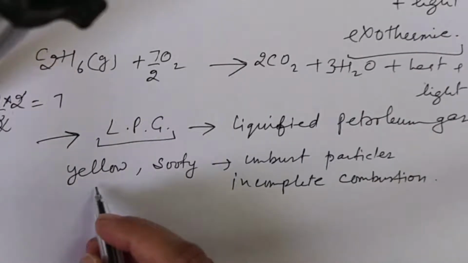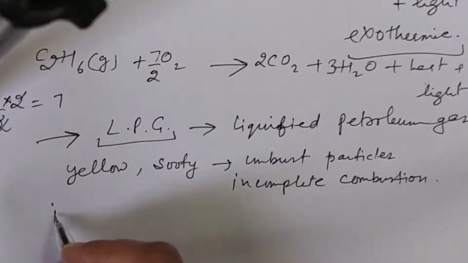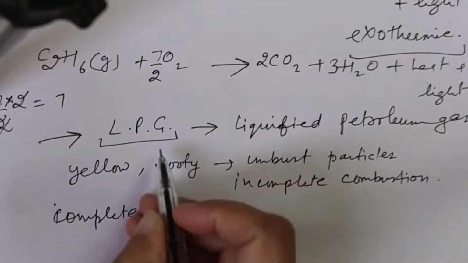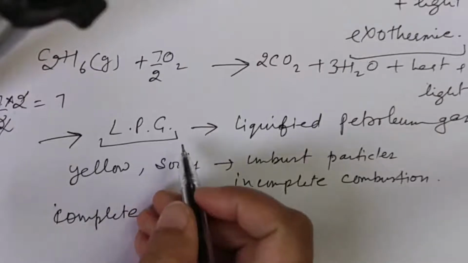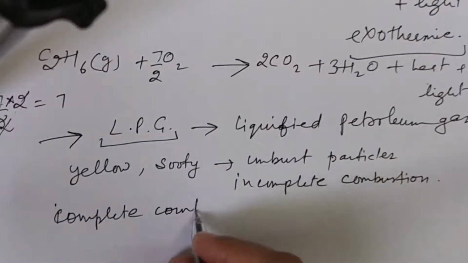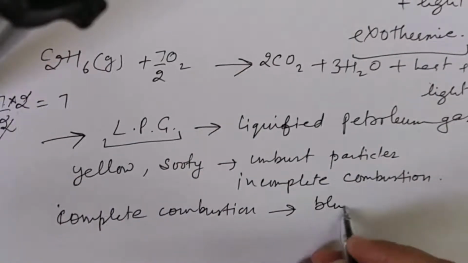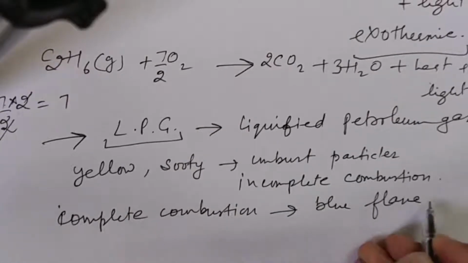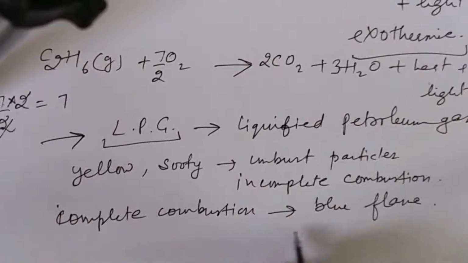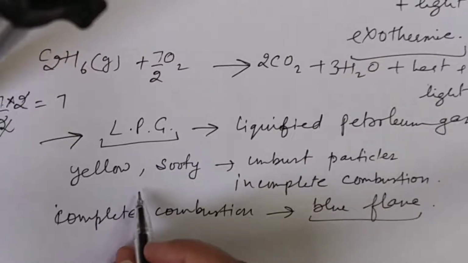If it is burning properly, meaning there is complete combustion of the fuel, like LPG in your cooking cylinders, then the burner will burn with a blue flame. Sometimes a question comes in this manner: why is there a blue flame coming from the burner, or why is it turning into a yellow or sooty flame?